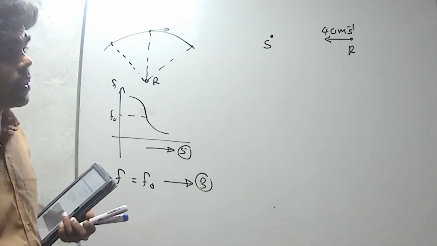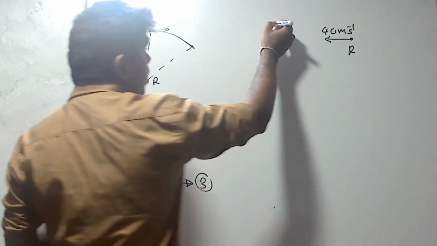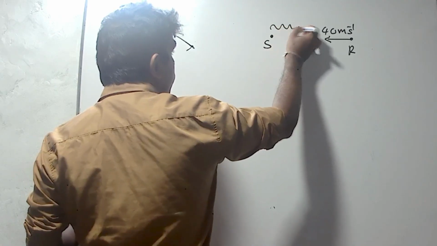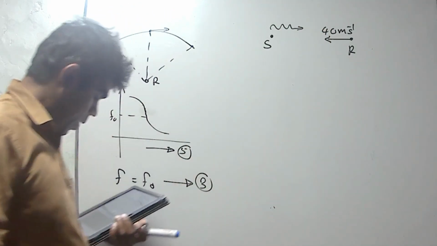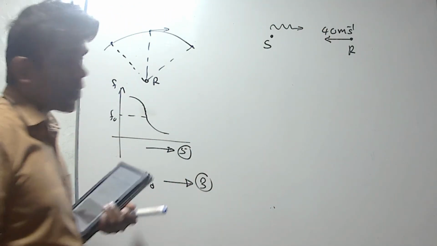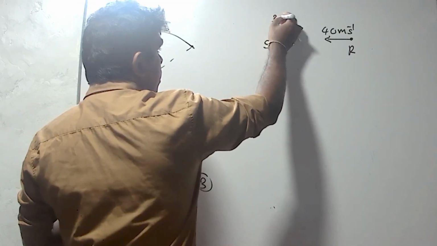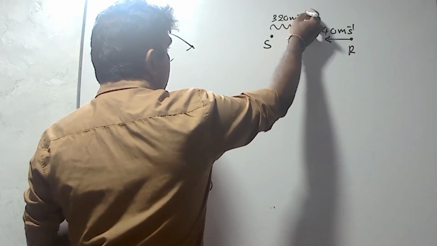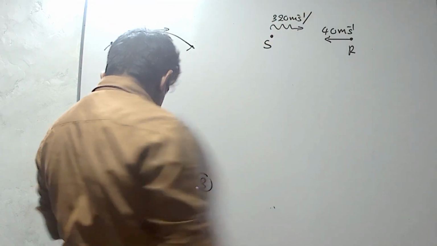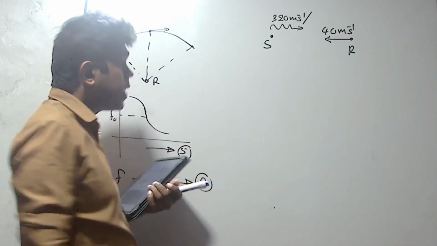But we have to consider the sound component in the direction of the receiver. Now the velocity of sound is 320 meters per second and the frequency is given as 600 Hz.